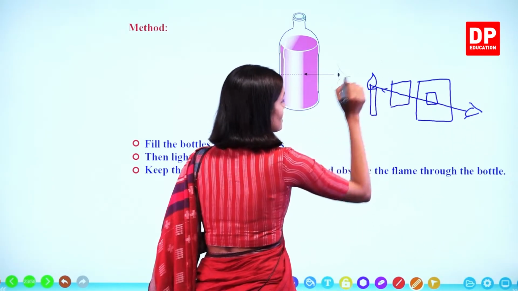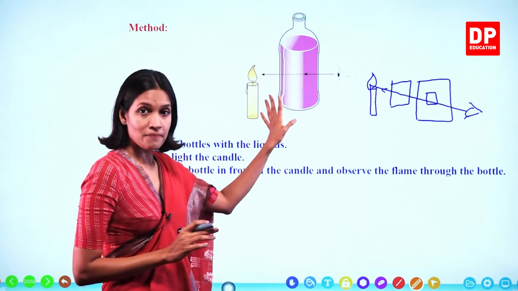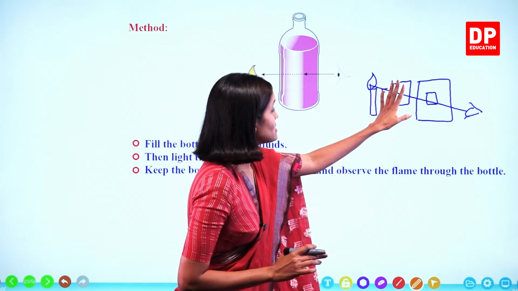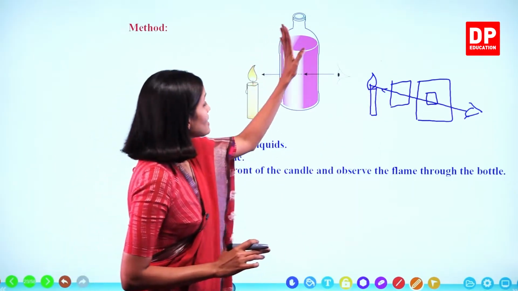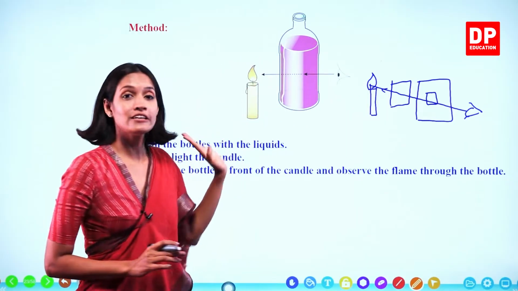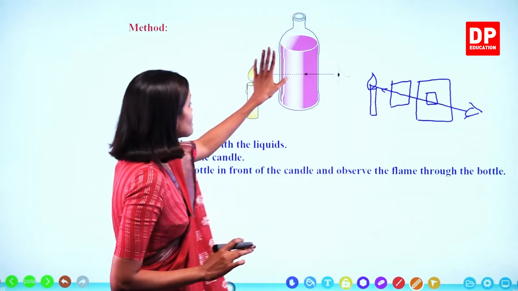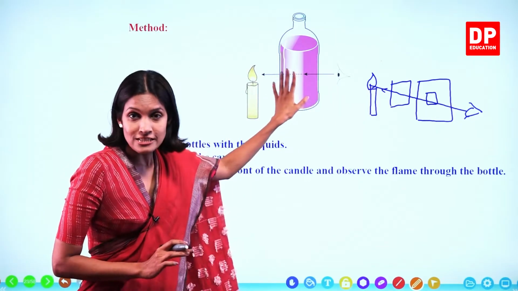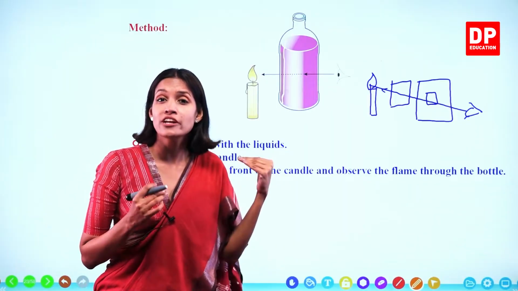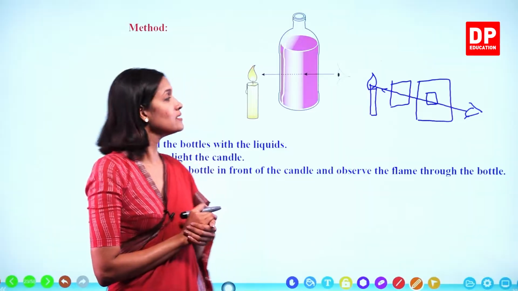We looked at the candle, right? This is also the same thing, but instead of the solid material, here we have different types of liquids placed in between the eye and the candle flame. So you have to look at the candle through these liquids and check how you can observe the candle flame and the light too. Okay, children?